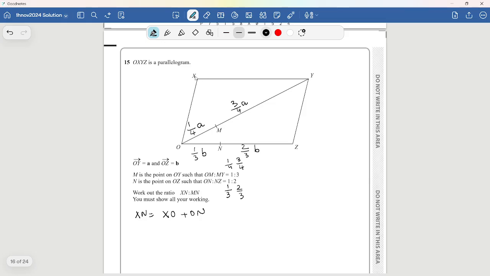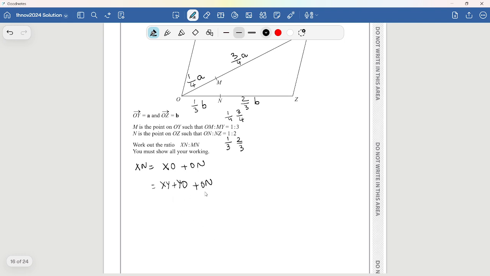We go from X to Y and Y to O, and then O to N. So we have to go all this way.